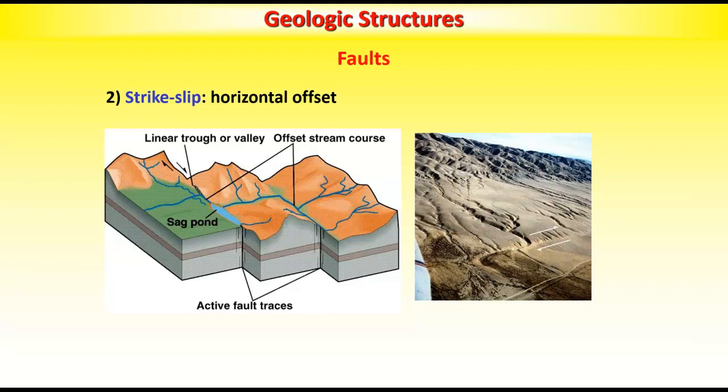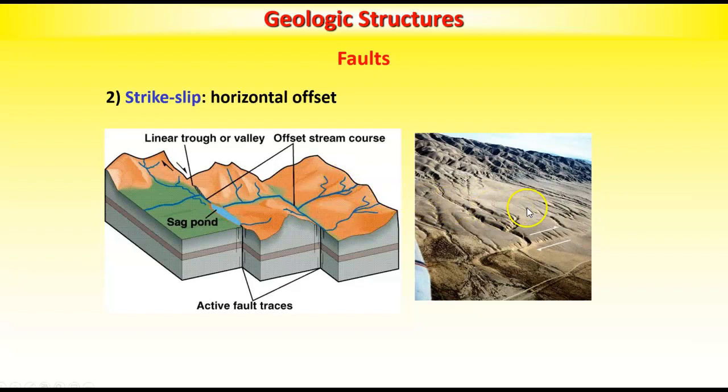We need a map view. We need to look down on the surface of the earth, and we still need a feature that we can see has been offset. Because once again, just a crack in the rock without motion is just a fracture or a joint or a crack, right? But we need motion to determine that it's actually a fault.